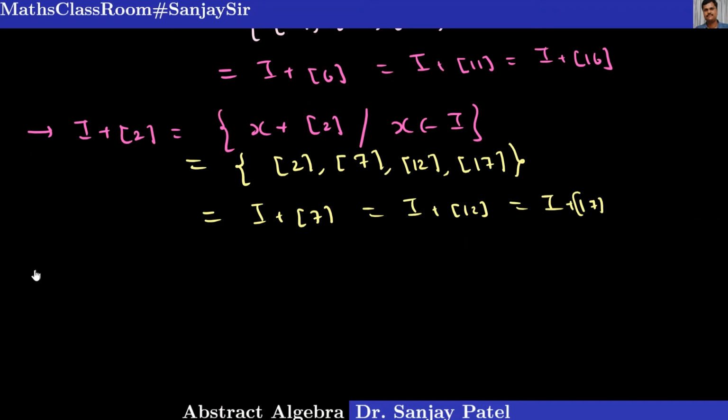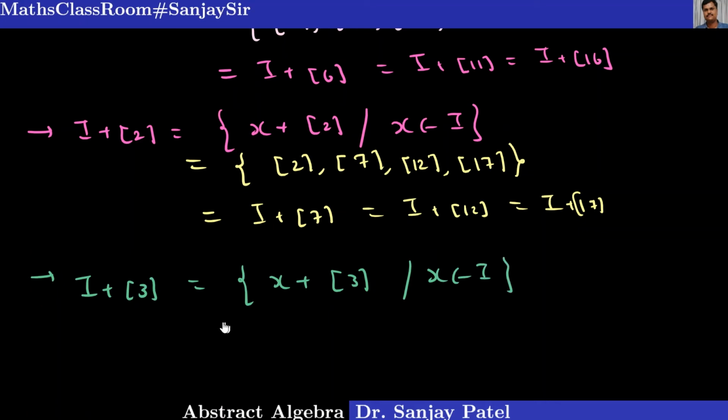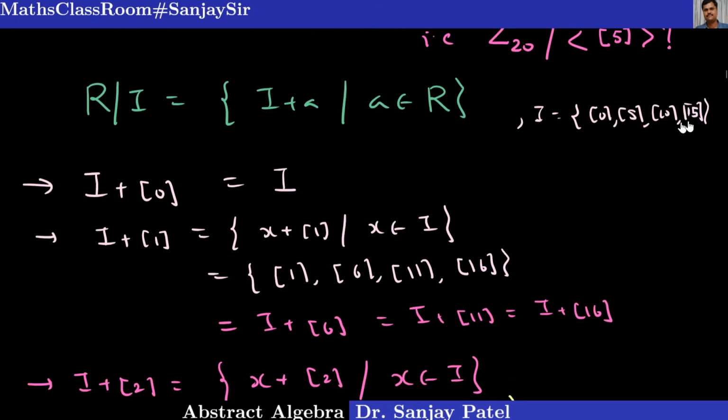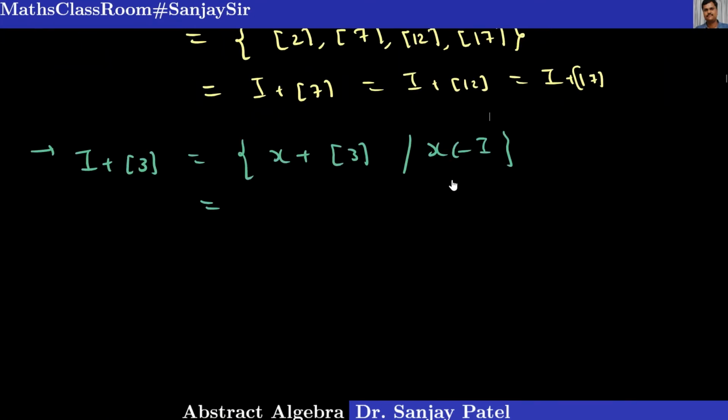Okay. Then I plus class 3 is x plus class 3, where x belongs to I. So I have to take again the elements of I, which are 0, 5, 10 and 15. So just keep on adding 3 to this.